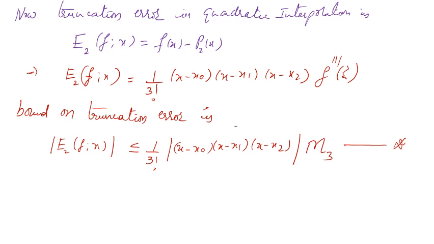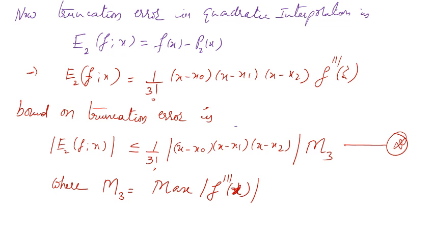Okay, remember this is an important formula, where M3 is the maximum of the triple derivative of f. And x lies between, what is the interval we have taken? 3 points, x naught to x2. This is the error bound. Remember this point.